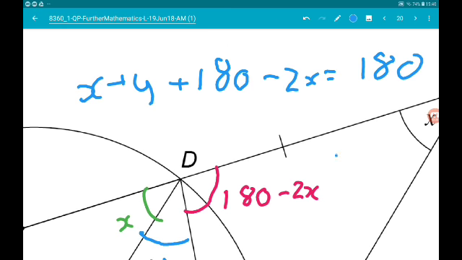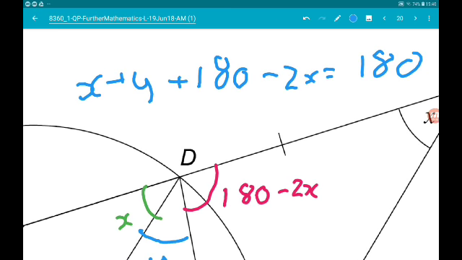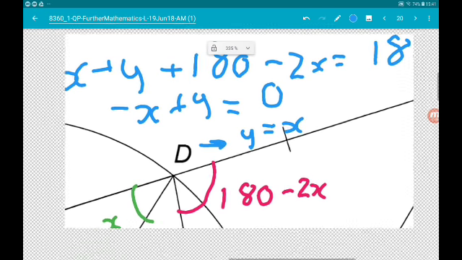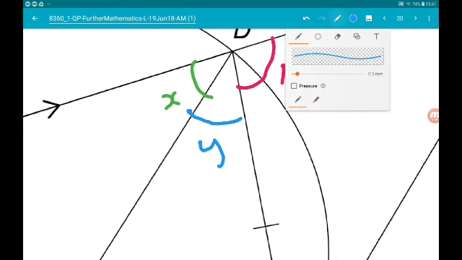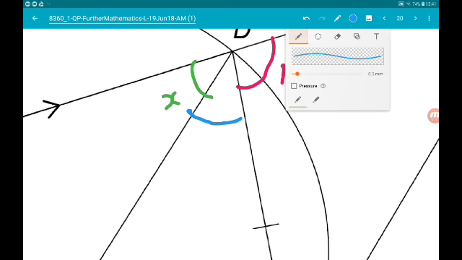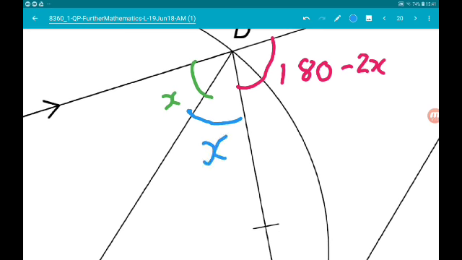So if we simplify that, we got x minus 2x, so that's minus x, add y. Now we can take away 180 from both sides, so we get minus x and y is equal to 0, therefore y is equal to x. So this guy here then is x.